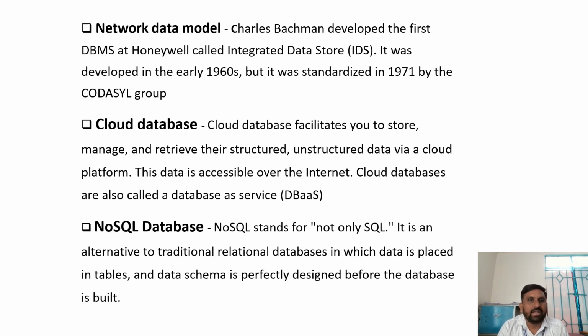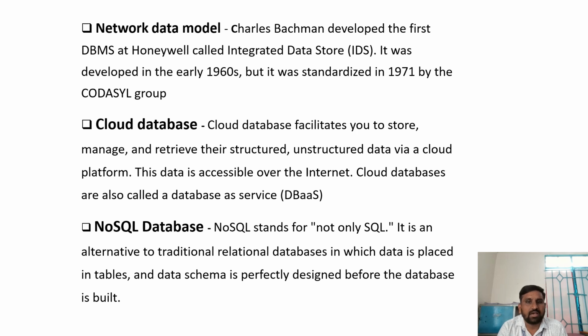Next one, network data model. Charles Bachman developed the first DBMS at Honeywell called Integrated Data Store, which is called IDS. It was developed in the early 1960s, but it was standardized in 1971 by the CODASYL group. Next one, cloud database. Cloud databases facilitate you to store, manage, and retrieve structured and unstructured data via a cloud platform.